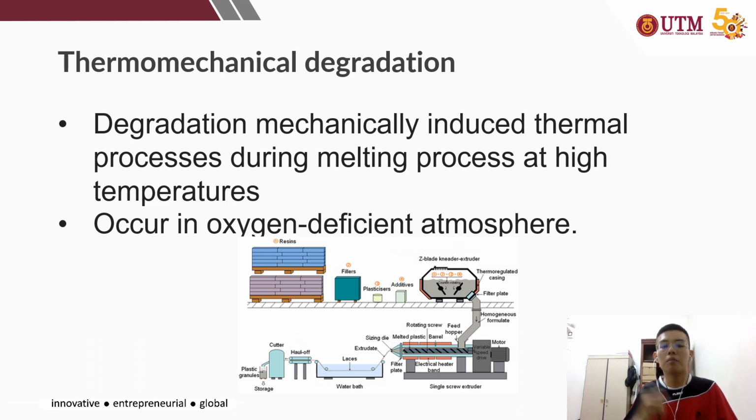We degrade it mechanically, but during this degradation it induces a lot of heat energy that will melt the polymers. This process has to be done in an oxygen-deficient atmosphere because our polymers normally are hydrocarbons, and hydrocarbons are highly flammable. That way the polymers will not burn into other things like carbon monoxide. So we need to do this in an oxygen-deficient atmosphere.